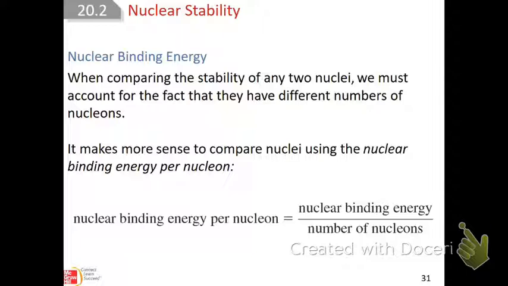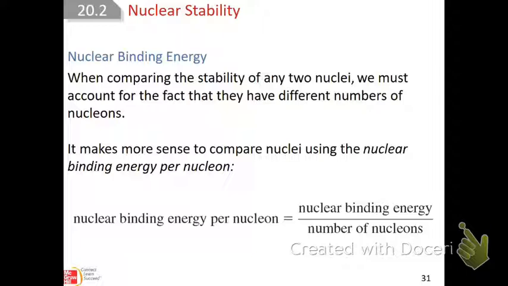When comparing the stability of this, it makes sense to talk about it per however many nucleons you have, that is, however many protons or neutrons you have. And so that's what she's talking about here. But to me, it's still an enormous amount of energy.